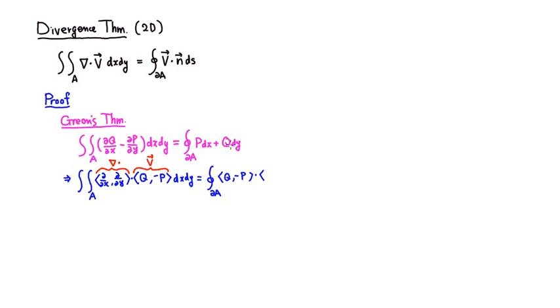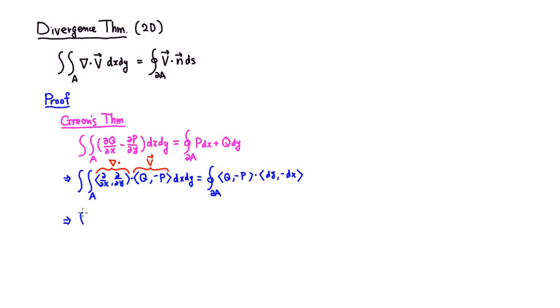Q goes with dy, so I'm going to put the dy here. And P goes with dx, but there's a negative sign, so I have to put the negative dx.